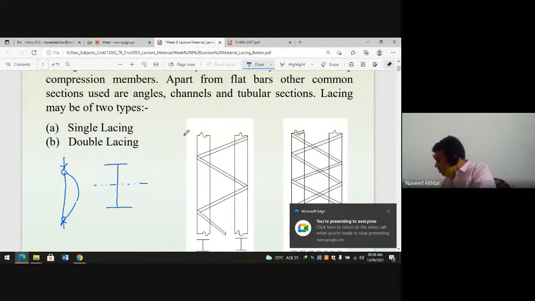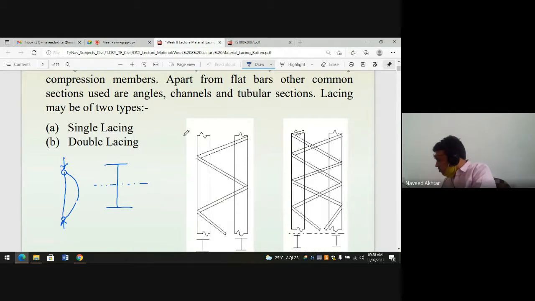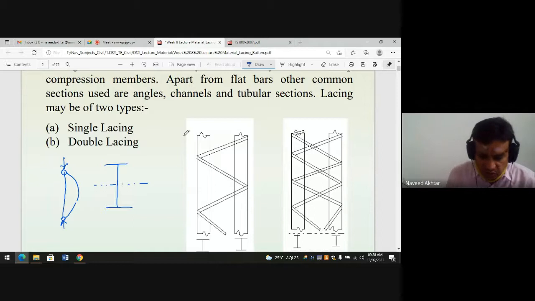We know that the minimum radius of gyration r is the square root of I upon A, where I is the moment of inertia and A is the area, which is fixed.